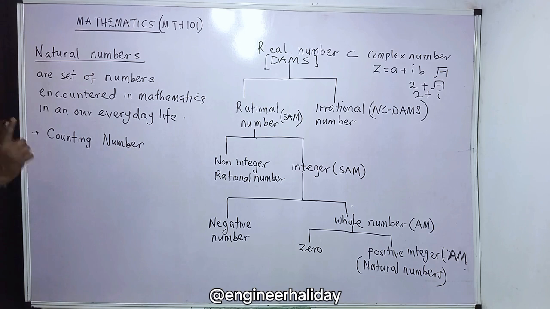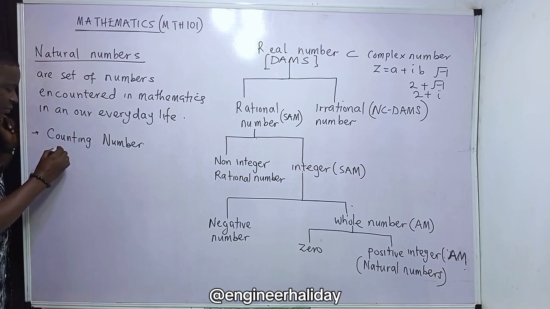They are the first set of numbers that existed before other numbers. When we say counting numbers, let me use the symbol N for natural numbers.